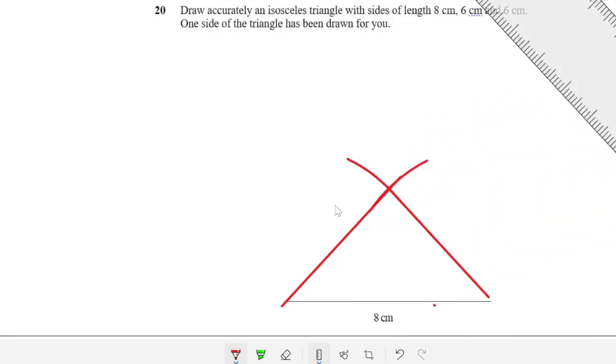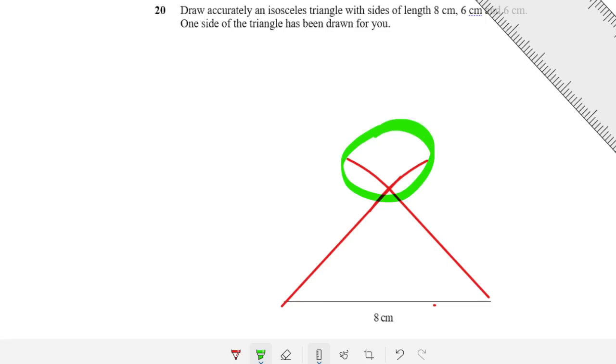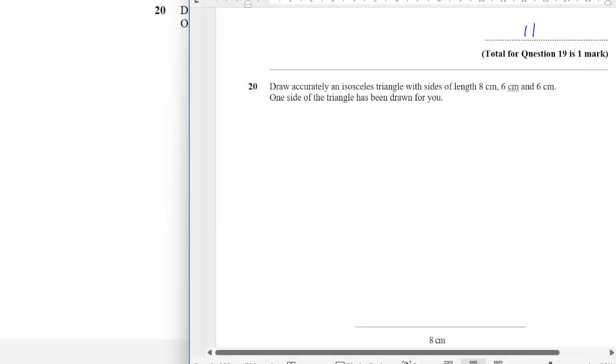As an examiner, we're looking for these compass lines, these construction lines. Those are really the key points that we look for when marking these. Right, so I'm just going to add to my solutions that I've done that on snipping tool.